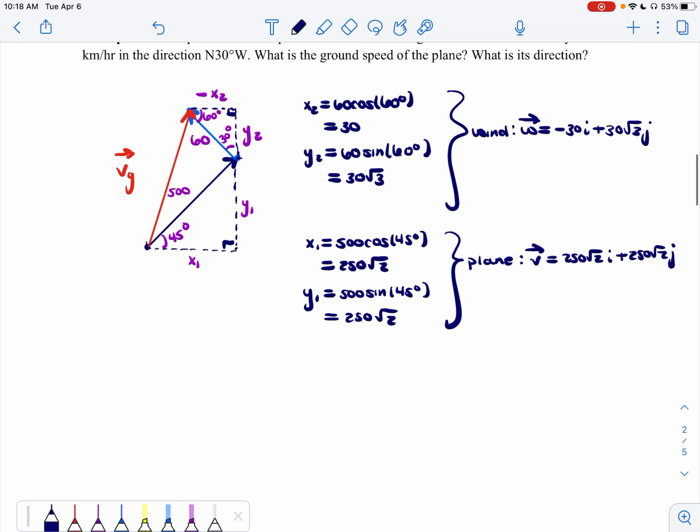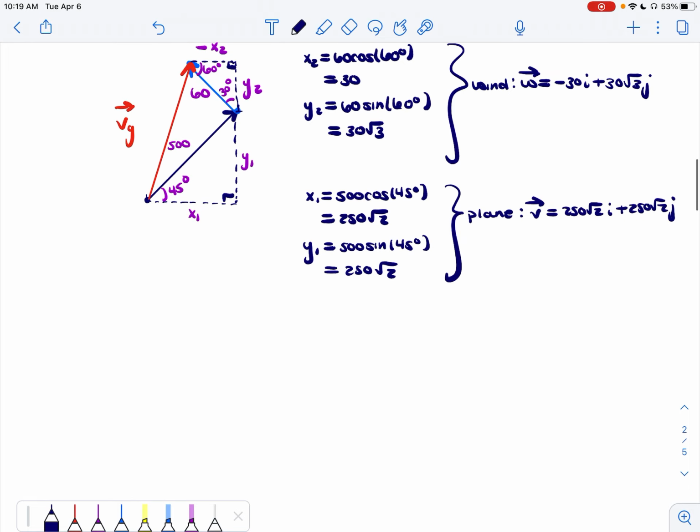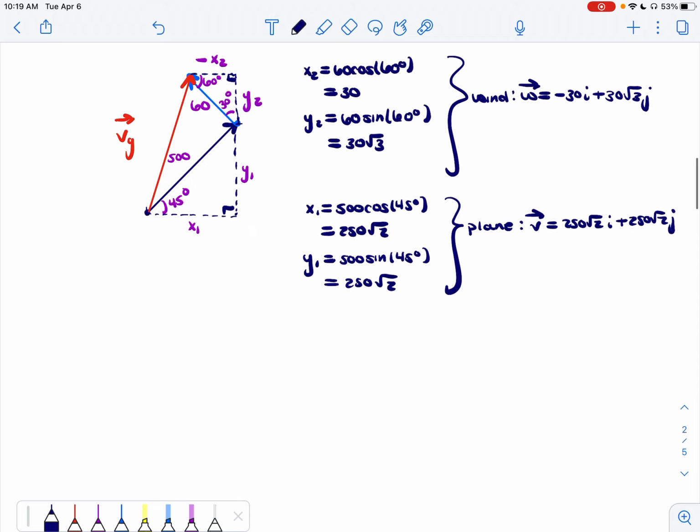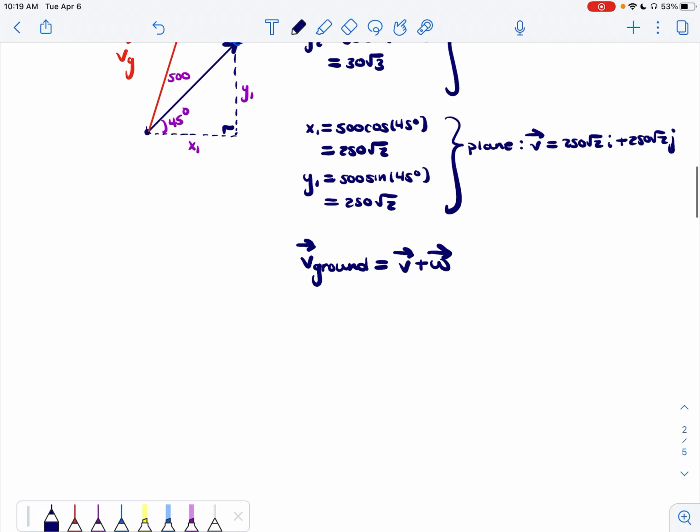Okay, now the combination of these will give us the velocity relative to the ground. So we want to combine these together to get our ground velocity. We have V plus W, so add the two together.